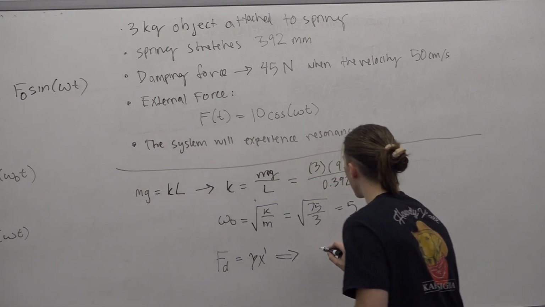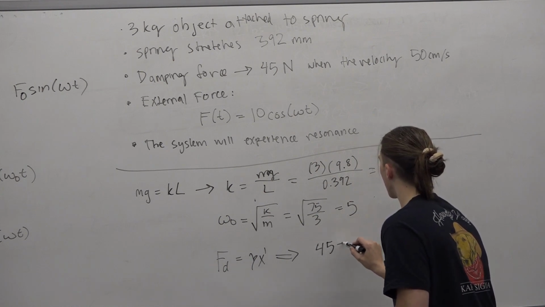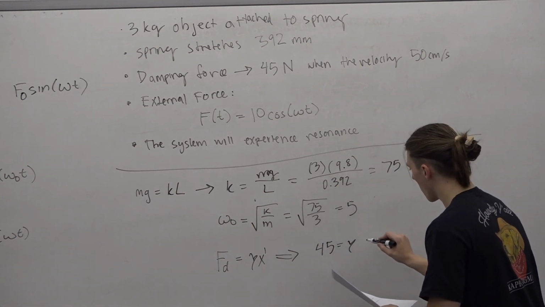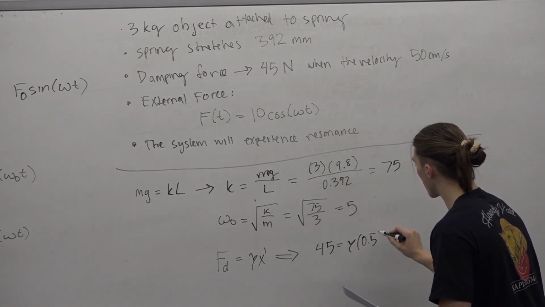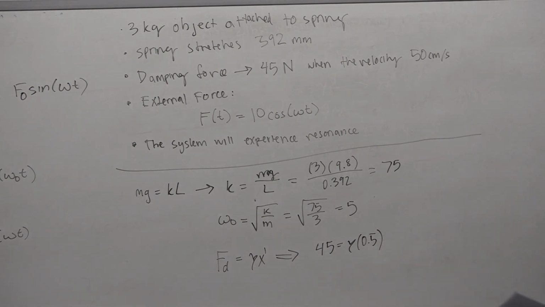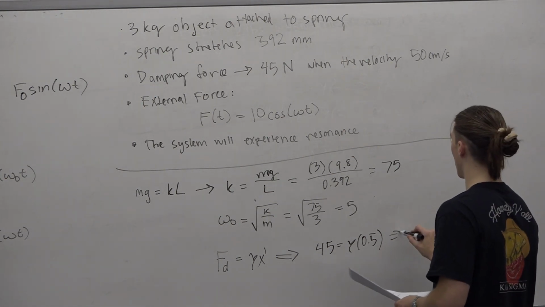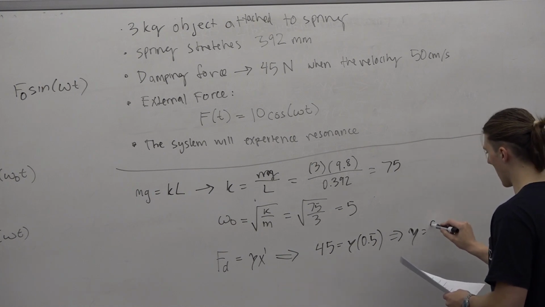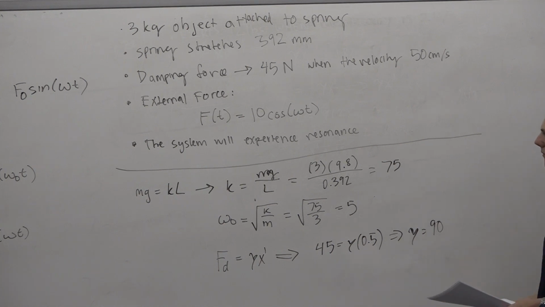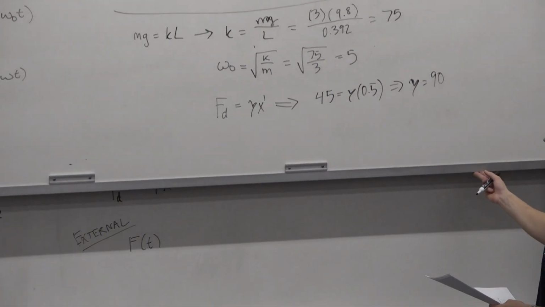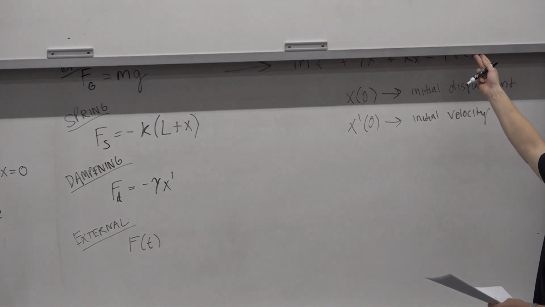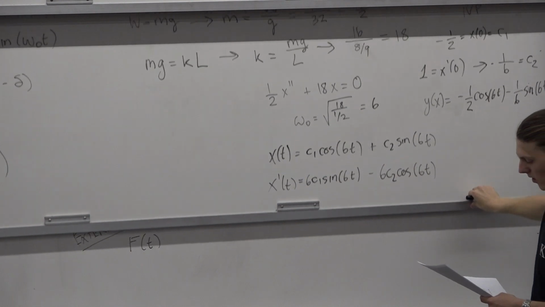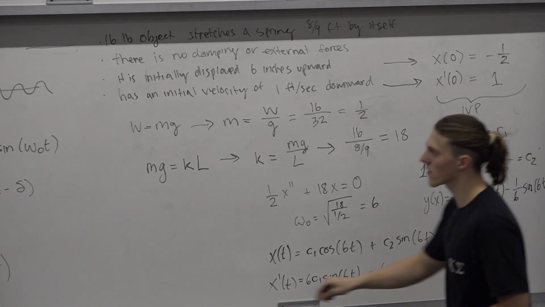So when we plug what we know, 45 equals gamma times 0.5, because it's 50 centimeters per second. We get that gamma is 90. So with all that set up, we can find our equation now.